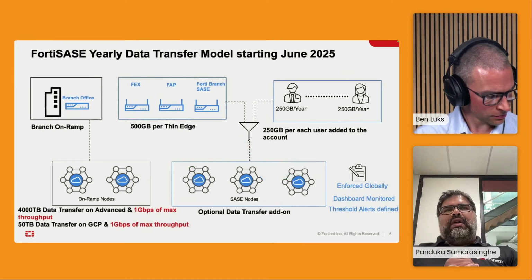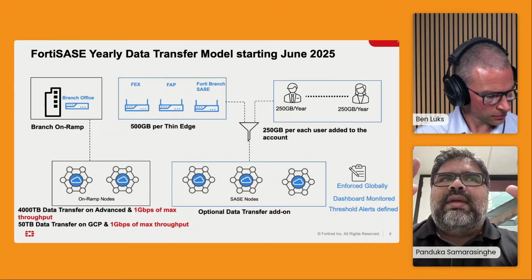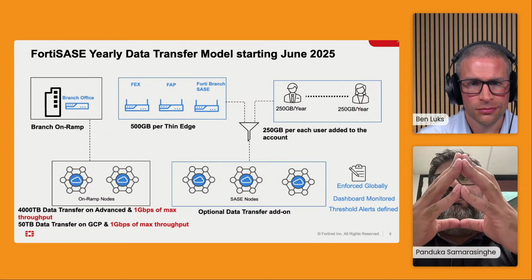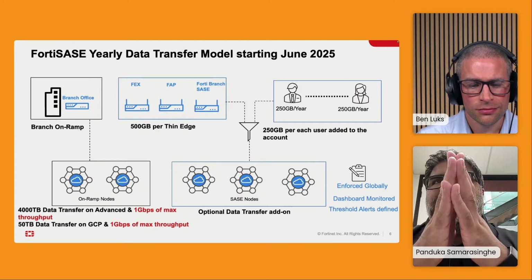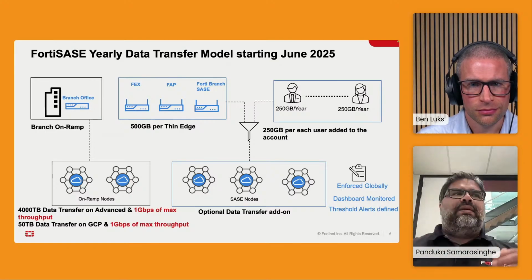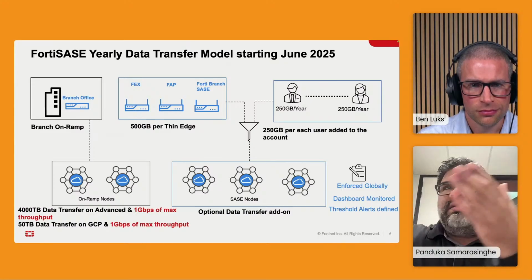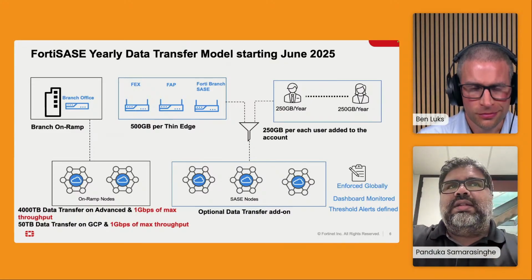Also, a little bit about the data restrictions that apply. Now, predominantly, there are 3 ways that we use to connect to the SASE POP, either as a single user from a single user license you see on the right side, or as a thin edge.